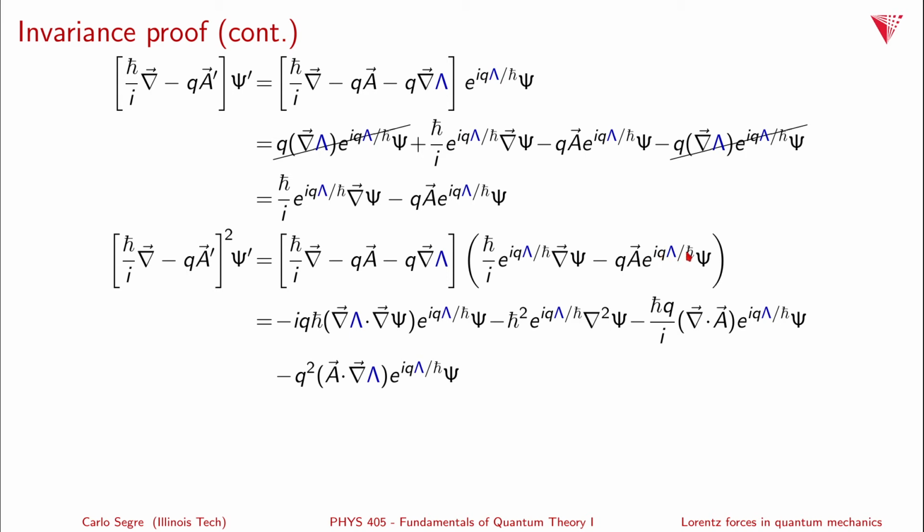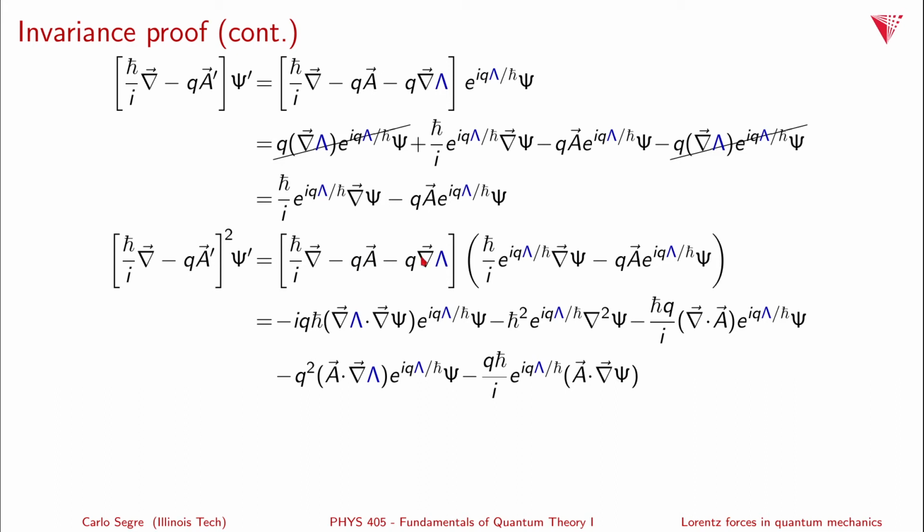That cancels the i, cancels the h bar from here, and gives you a q squared. And then you have A dotted into the gradient of lambda, e to the i q lambda over h bar psi. Then you have a third term when you take the gradient of the psi, and you get minus q h bar over i, e to the i q lambda over h bar, A dotted into the gradient of psi.